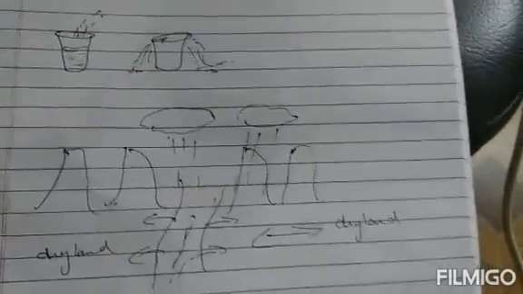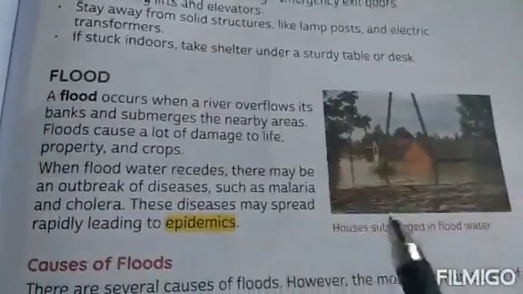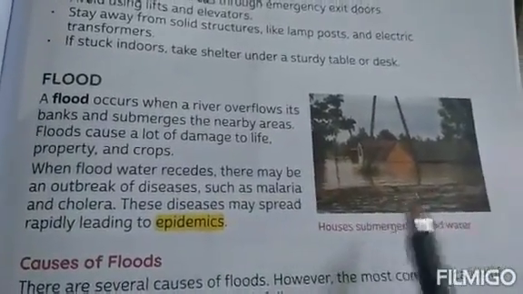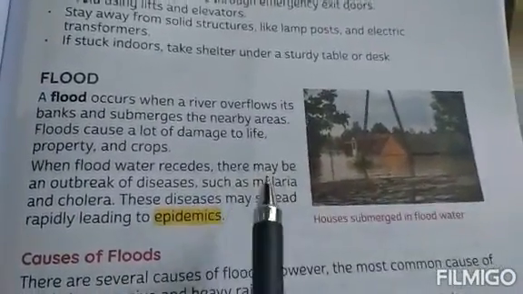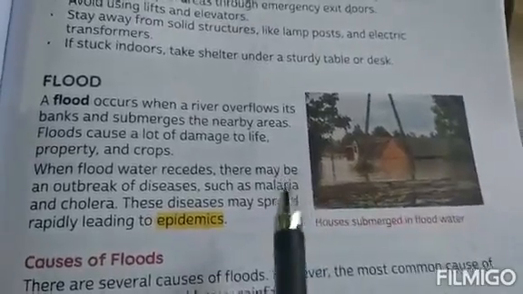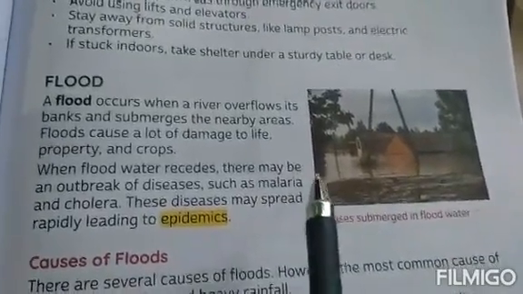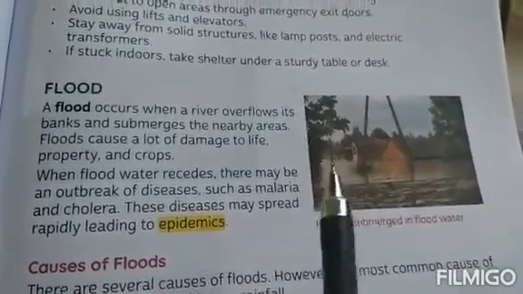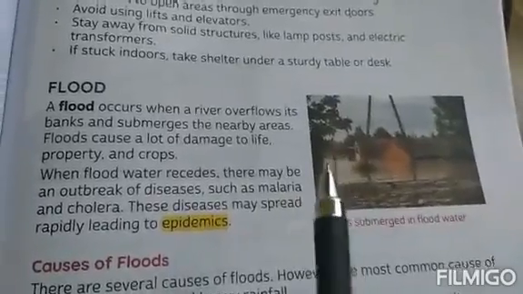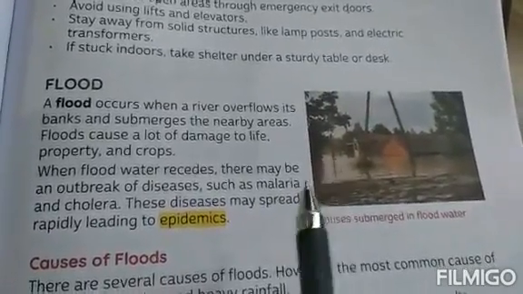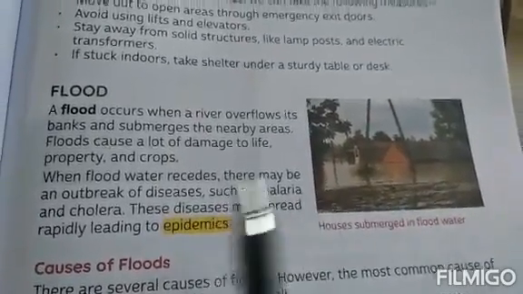Now you can check the picture. This is the occurrence of flood. Flood may be very dangerous for humans. It may damage human property, and it may take the lives of people also, right? Every year there is an occurrence of flood in our country, isn't it?